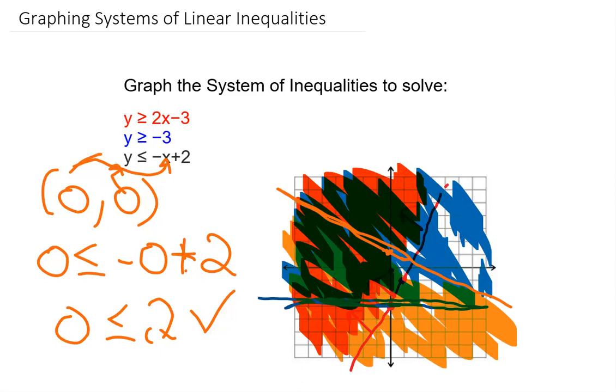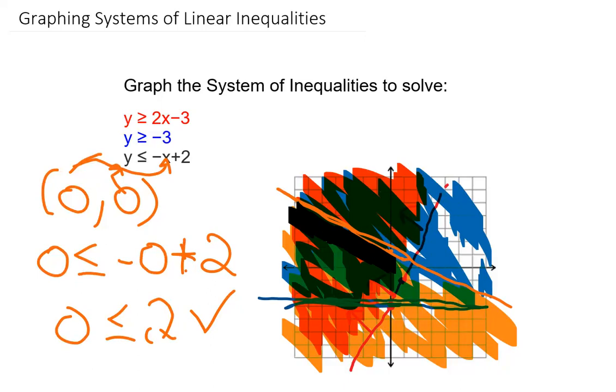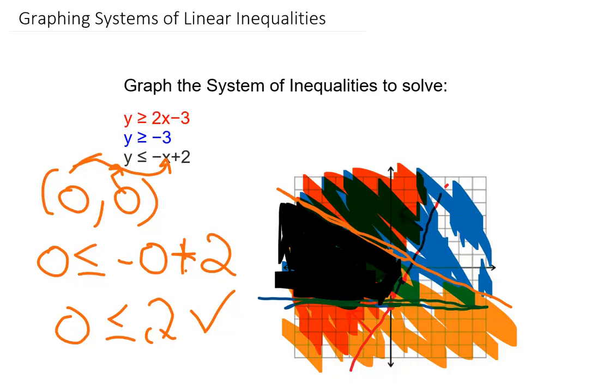And now you can kind of see where I have this overlap. This overlap now is going to be the area of my solution. The area that's below the orange, above the red, and above the blue line. So that black area right there is going to be my solution area, and I will use some yellow here to point it out.